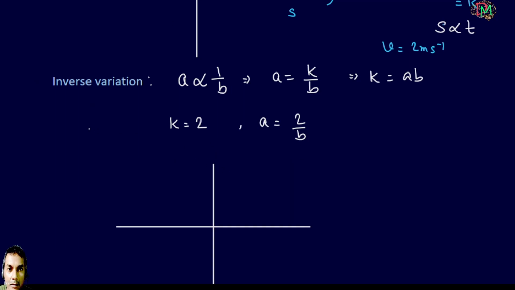This is the x coordinate, this is the y coordinate, this is the origin. This will be the graph. Look at this, in this direction that is b, and here it is a.